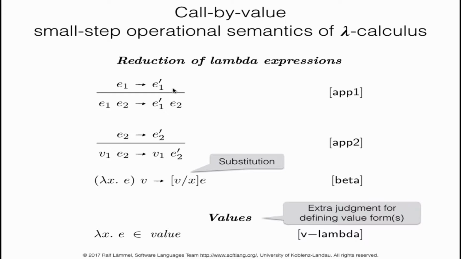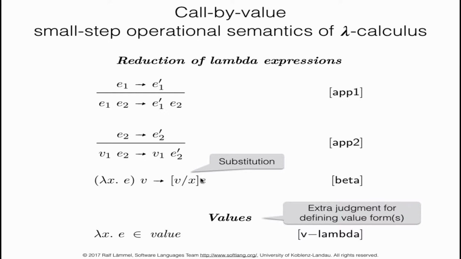We have this case here for function application where we essentially work on the function position of the application. So we make one step. And here we assume that the function position is already in value form, so we try to make a step on the argument position. And here we assume that both components of the function application are in value form. The first one has to be, in fact, a lambda abstraction, a function, and the second one some value v.